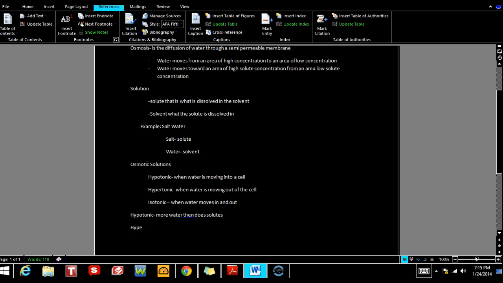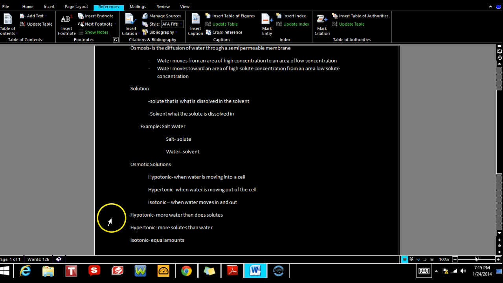And hypertonic has more solutes than water, and isotonic has equal amounts.